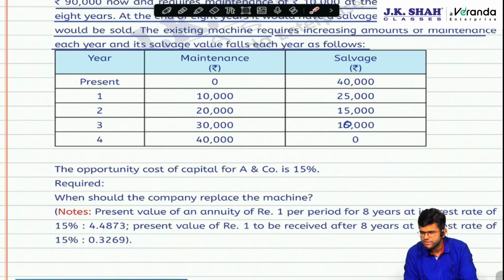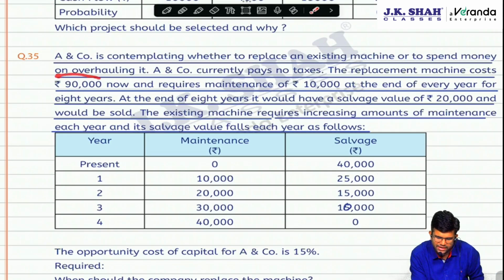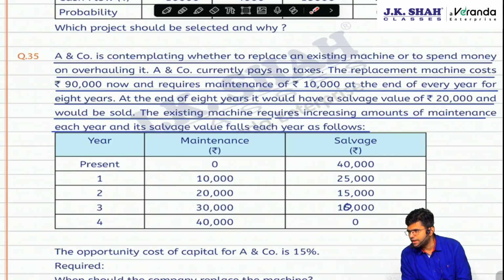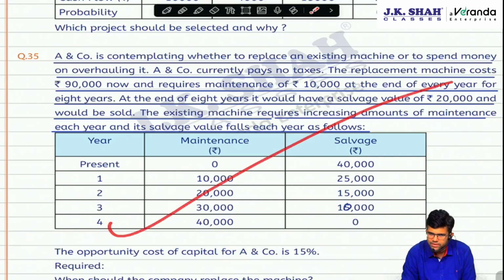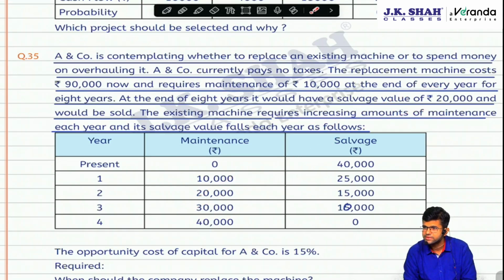Can I say this question is now clearly telling you that this 90,000 is not something that you're buying today. I hope everybody is clear. You are already having a machine. You're thinking of first exiting this machine and then buying that. I hope everyone is able to understand.